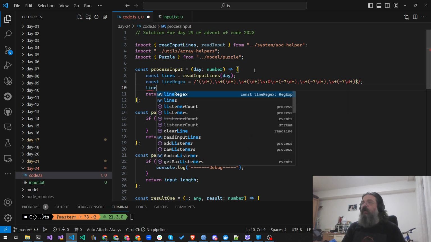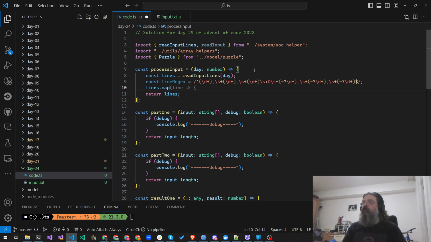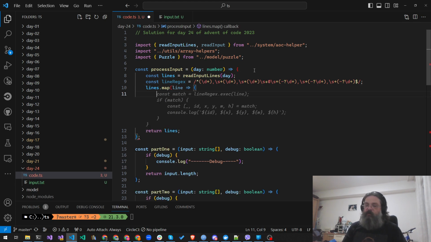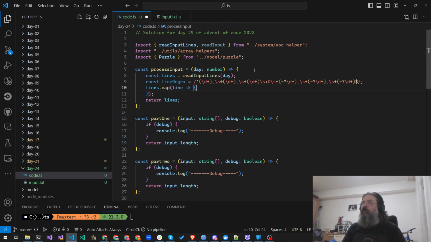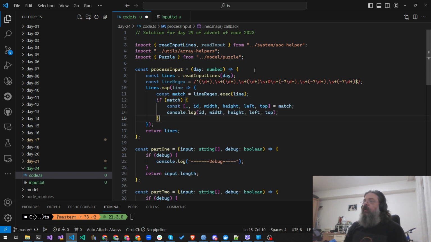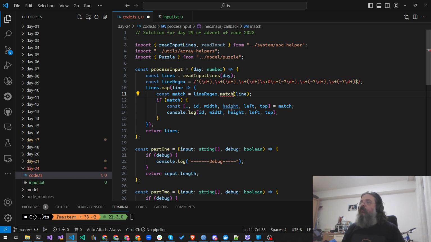So we can say lines.map. For each line, we're gonna do some things and then do that. Let's see. Not exact, but match. Actually, exec does the exact same thing, but in the other way, and I always prefer it.